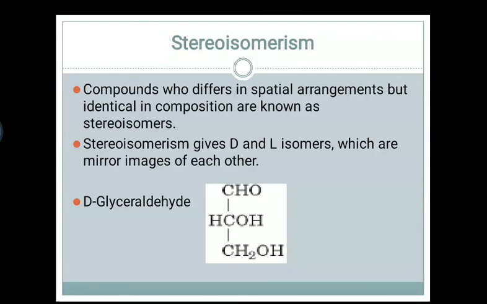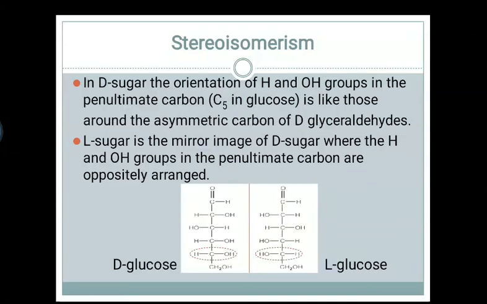In this example of D-glyceraldehyde, in the D isomer the OH group is on the right hand side of the chiral carbon and H is on the left hand side. In D-sugar, the orientation of H and OH groups at the penultimate carbon, that is C5 in glucose, is like those around the asymmetric carbon of D-glyceraldehyde, which I already discussed in the previous slide.